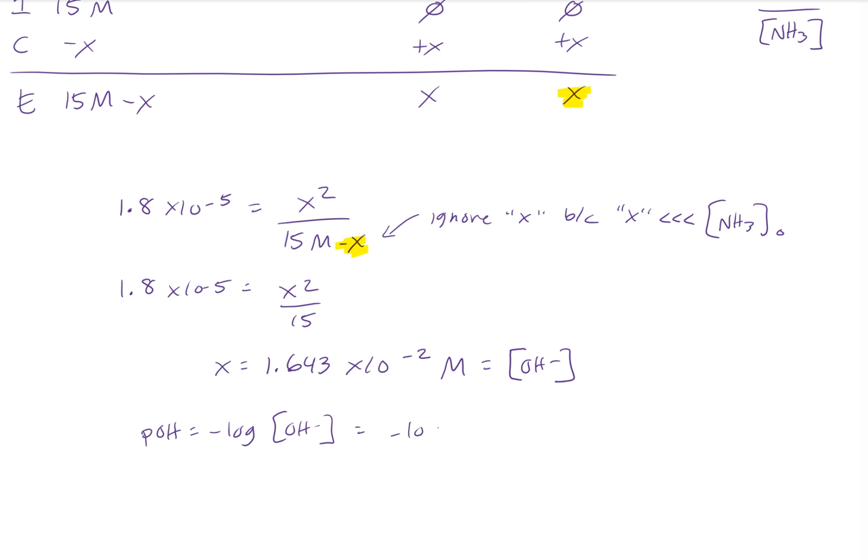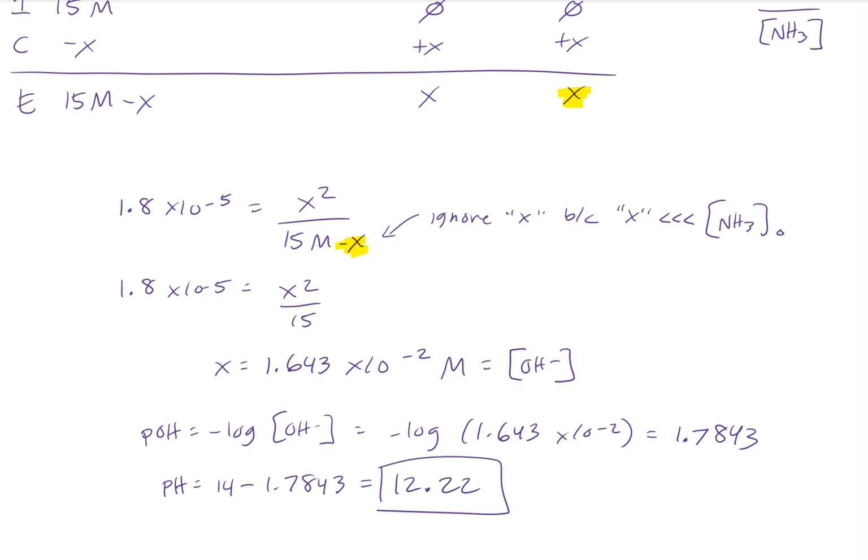I plug in 1.643 times 10 to the negative 2, and I get a pOH value of 1.7843. So therefore the pH is 14 minus 1.7843, and I get 12.1212 as my pH answer.